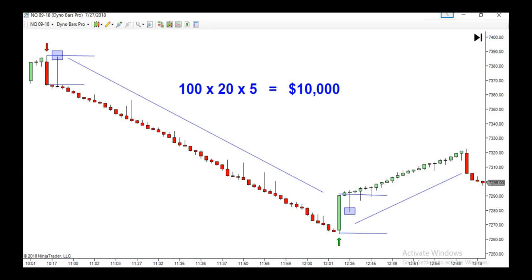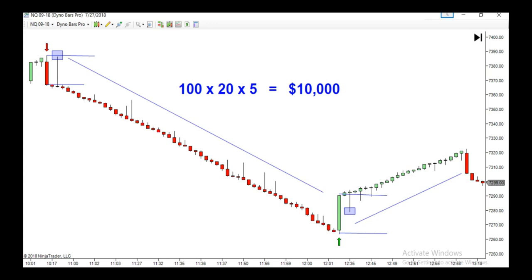So this happens in the NQ almost every week. You're not going to see these kind of moves in any other market. And this is why I strongly encourage those of you that are looking to trade, are beginner traders, are trading other things like Forex or stocks, you have to start looking at futures. I'm telling you, futures is where the action is.